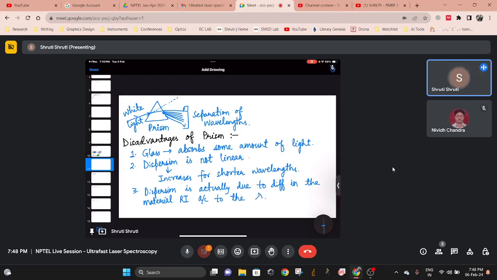Dispersion is due to the difference in the refractive index of the material for a particular wavelength. So these are the disadvantages for the use of a prism in the monochromator.